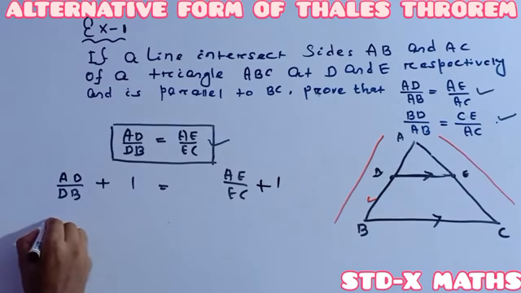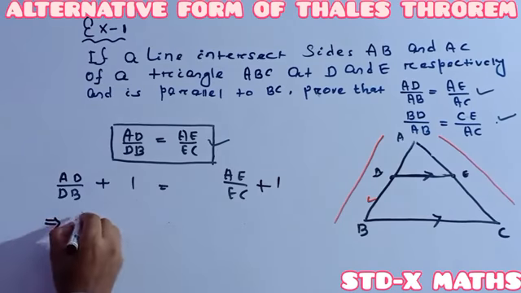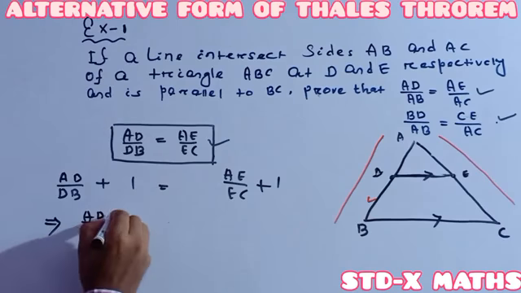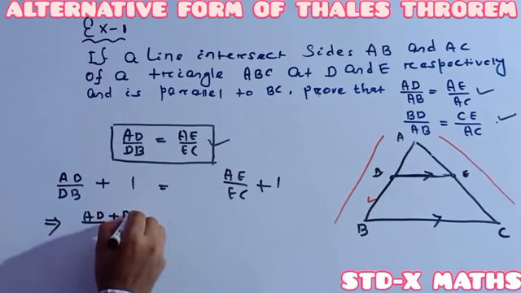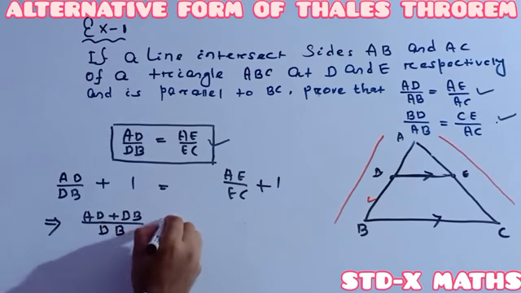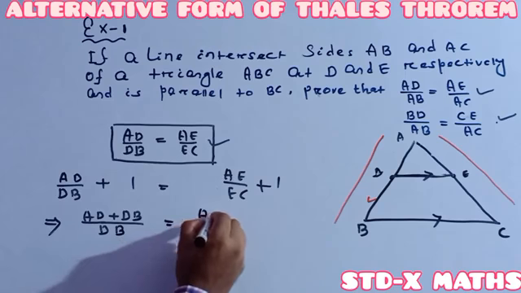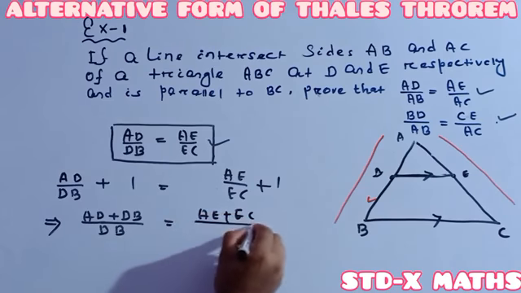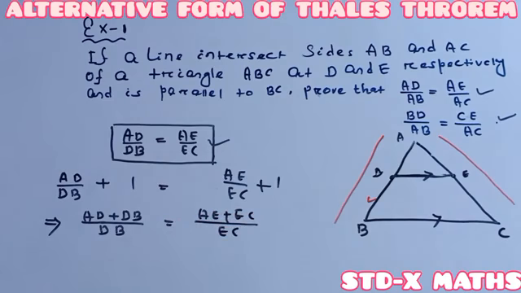Whenever I add 1, here it becomes AD plus DB divided by DB, equal to AE plus EC divided by EC. Yes or no?